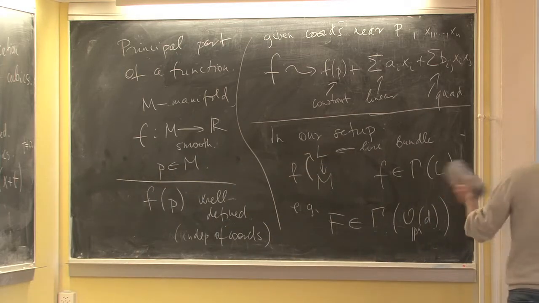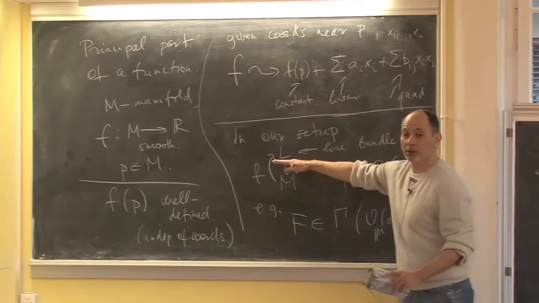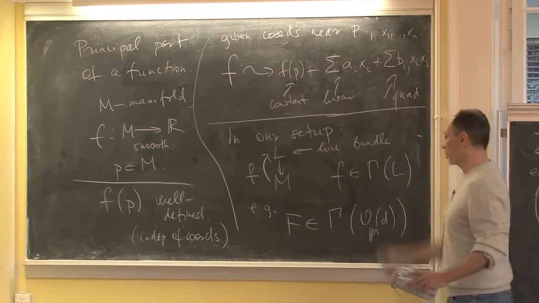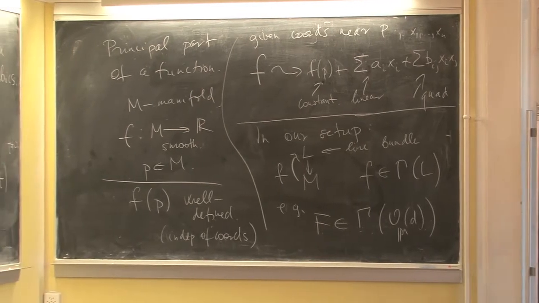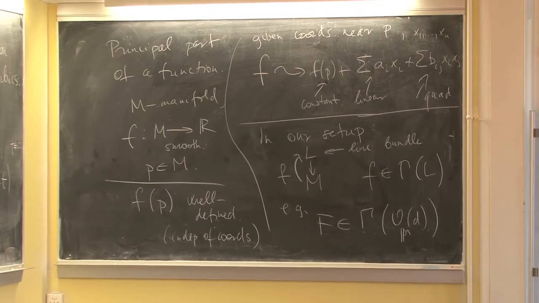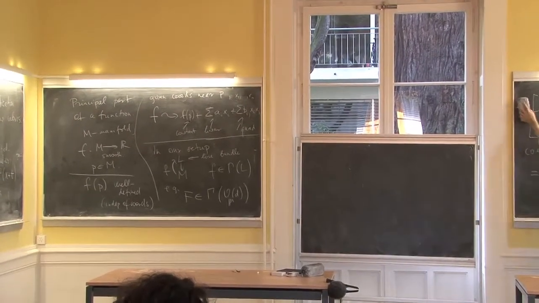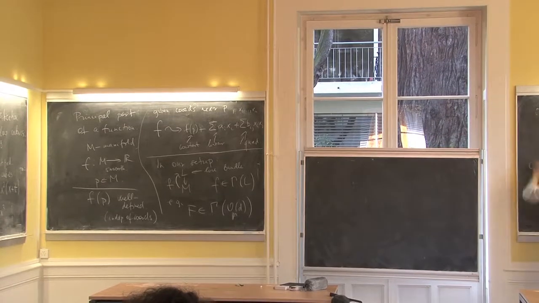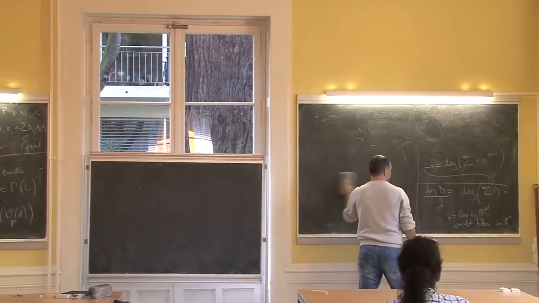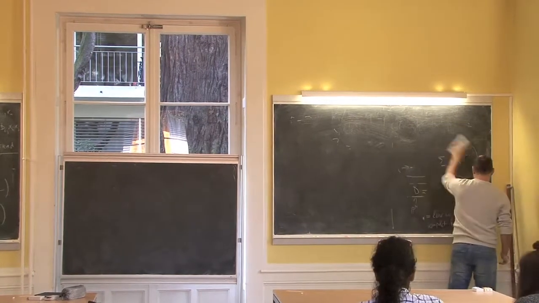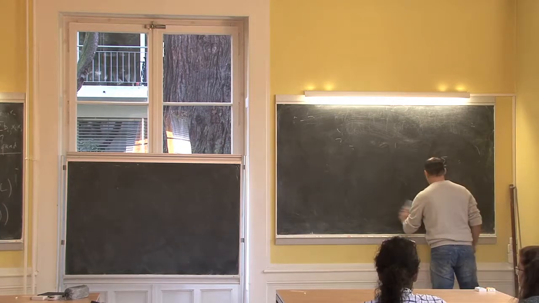In this setup, the same thing works. You have to trivialize the line bundle locally, and then you will be able to write things down this way. We know how to do that. You'll do an exercise writing down the function in different linearized coordinates, and then you can ask these questions. And the answer is that no, they are not completely well defined.